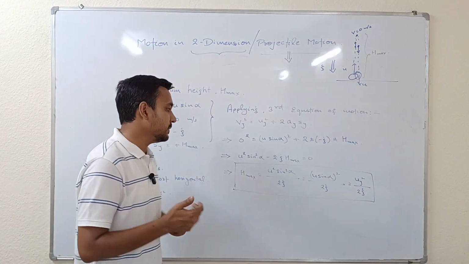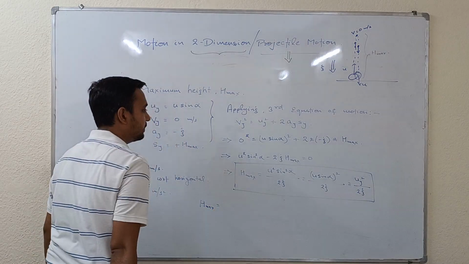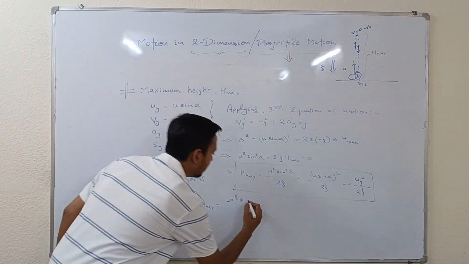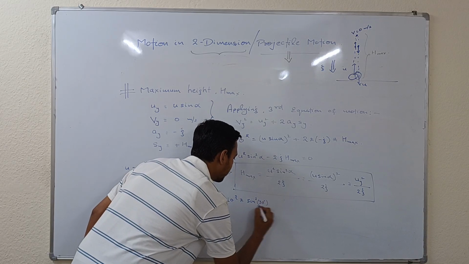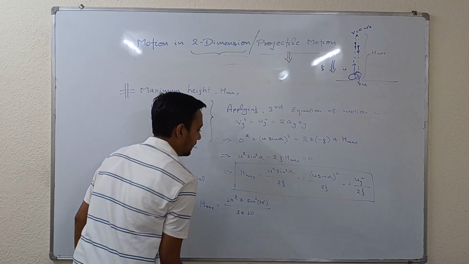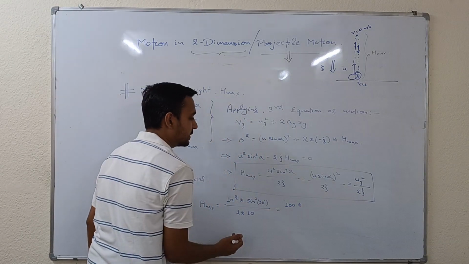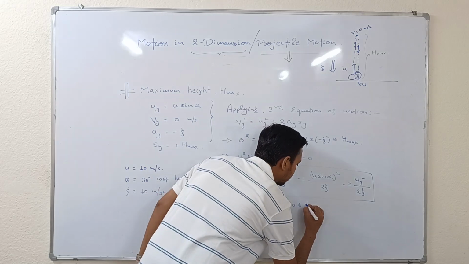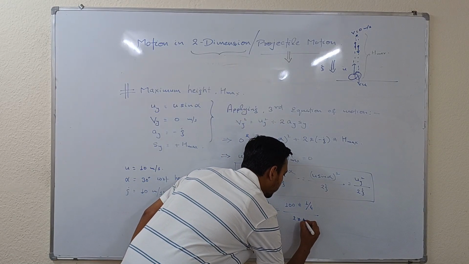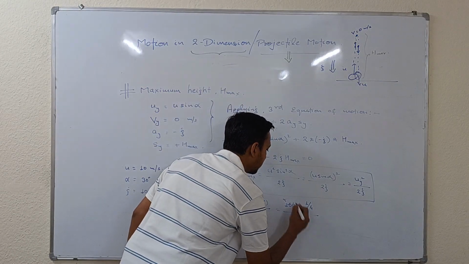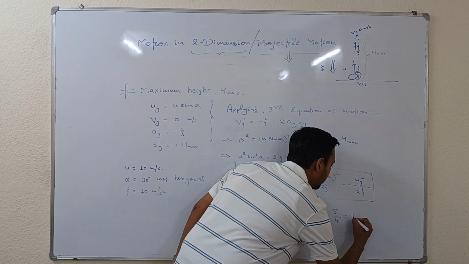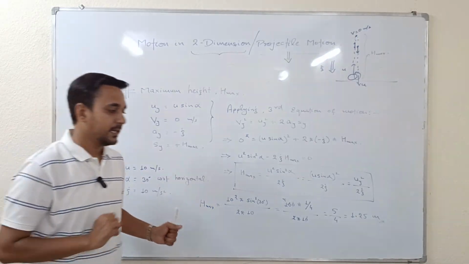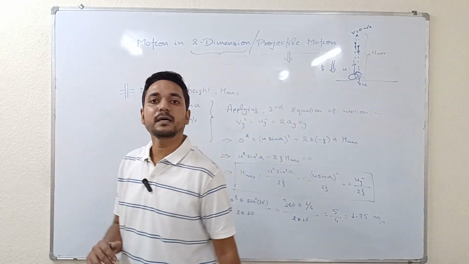So H maximum is u square, 10 square, sin square 30 degree, divided by 2 into g value 10. That is 100, sin 30 degree is 1 by 2, so sin square 30 degree is 1 by 4, divided by 2 into 10. Cancelling out, that is 5 by 4 meters or 1.25 meters. The maximum height will be 1.25 meters. So we have understood what the H maximum is in a projectile motion case.